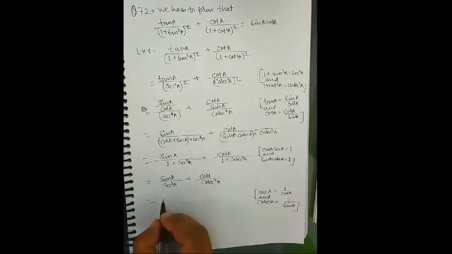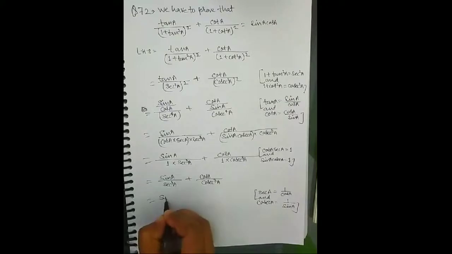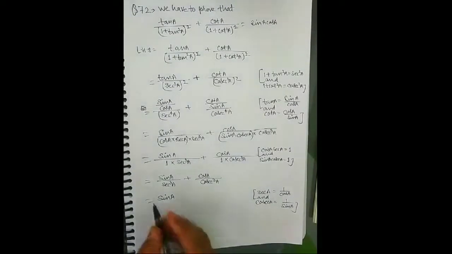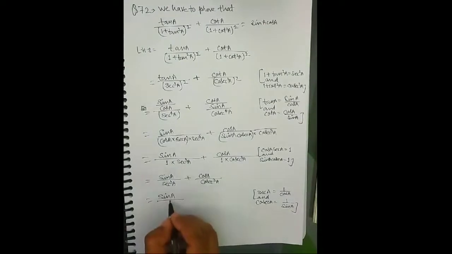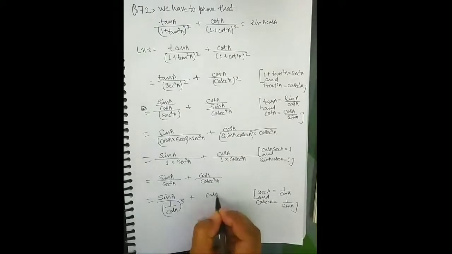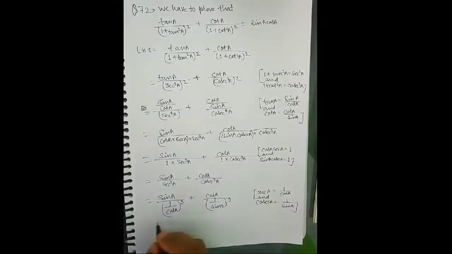So we can write sin A upon sec cube A, that is 1 upon cos A whole cube, plus cos A upon 1 upon sin A whole cube.